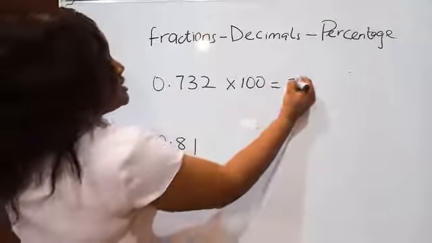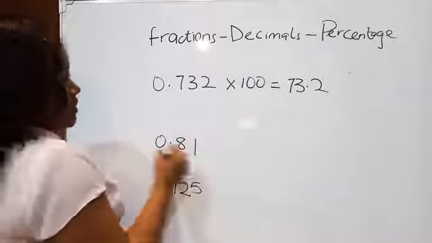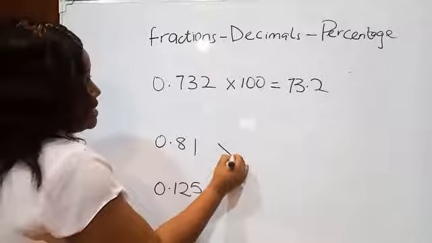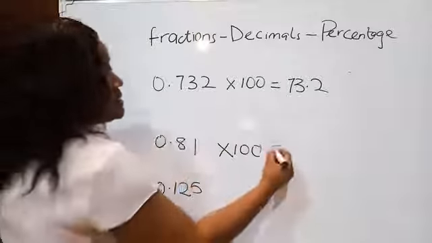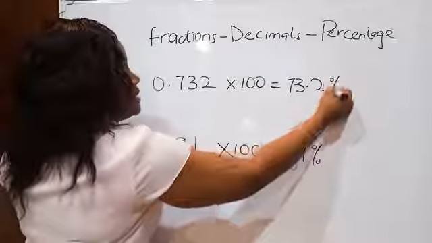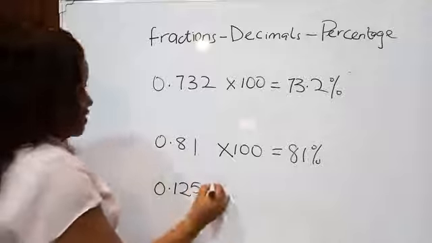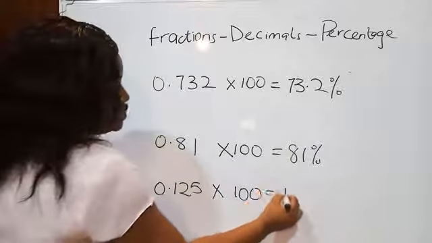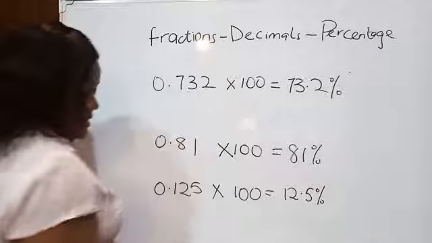So you have 73.2%. 0.81, the same thing, multiplied by 100, the decimal point moves 2 places, and you have 81%. Then 0.125 times 100, you have 12.5%.